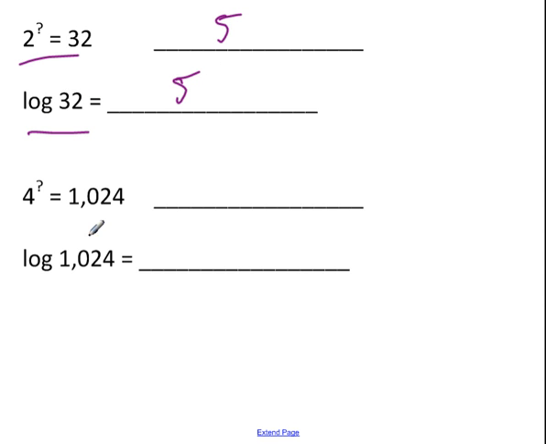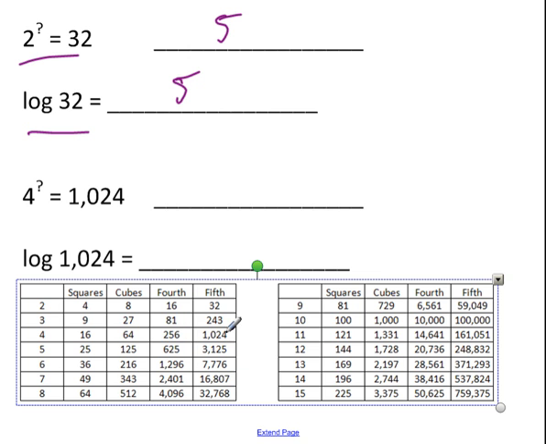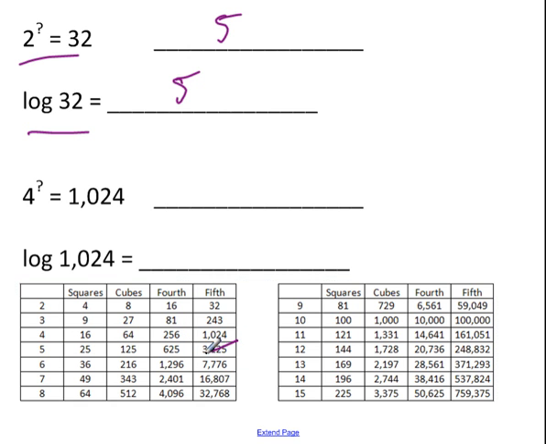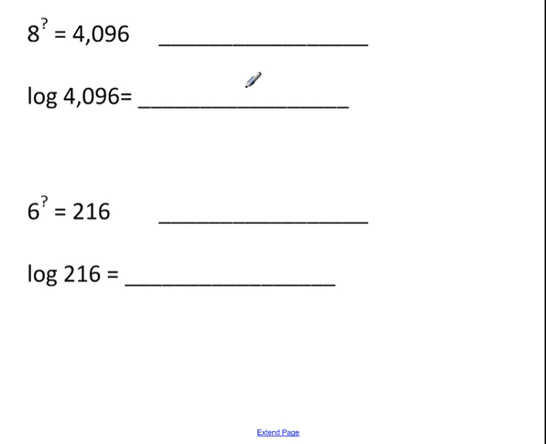This is just another way to write this little problem. 4 to what power makes that 1024? Let's see here. 4 going across, 1024, so that's going to be a fifth power again. So log of 1024 is going to be 5.